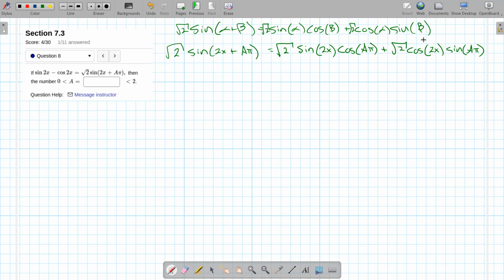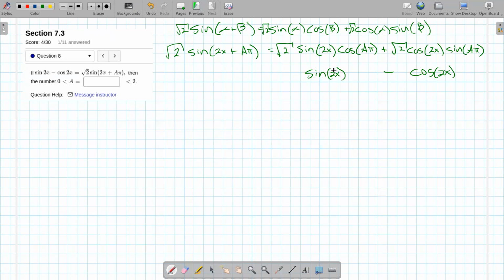Nope, I'm not ready for that. Premature. This right here is equal to that. It's also equal to sine of 2x minus cosine of 2x.